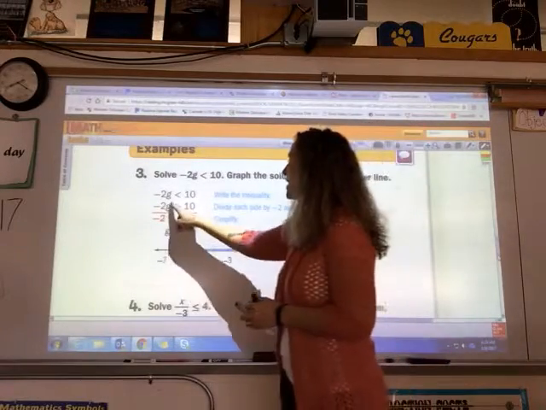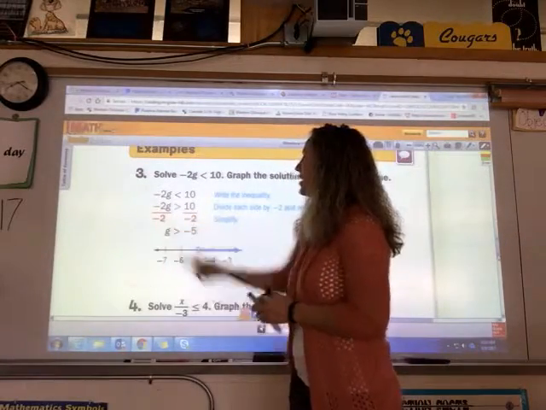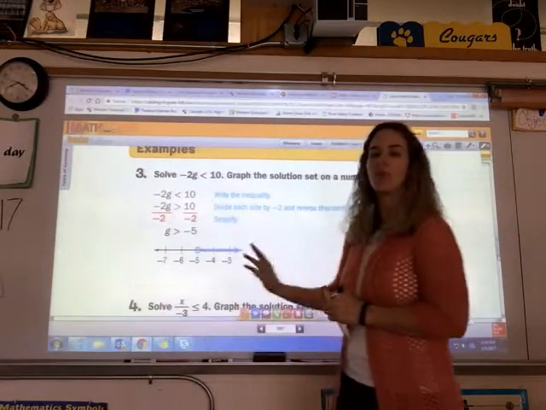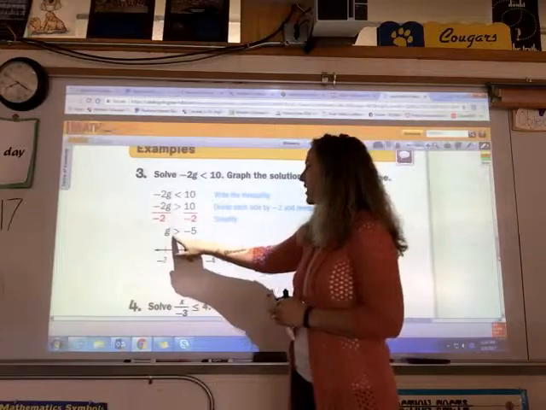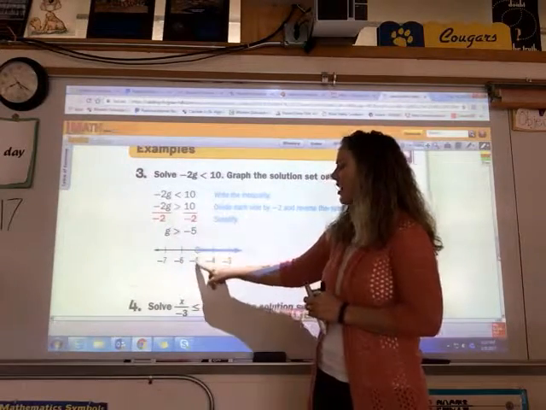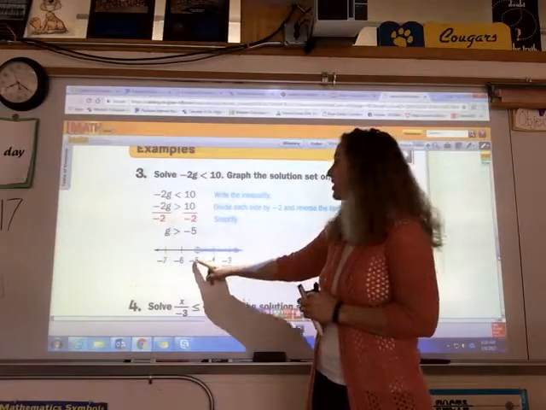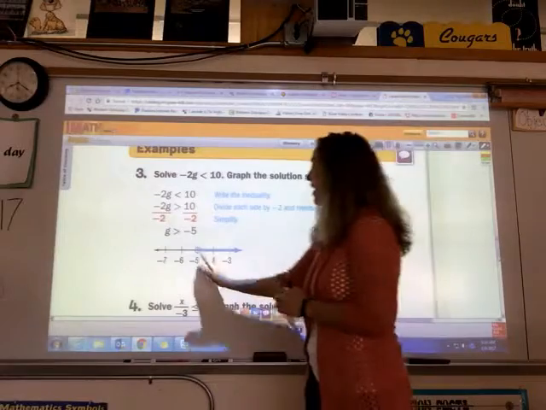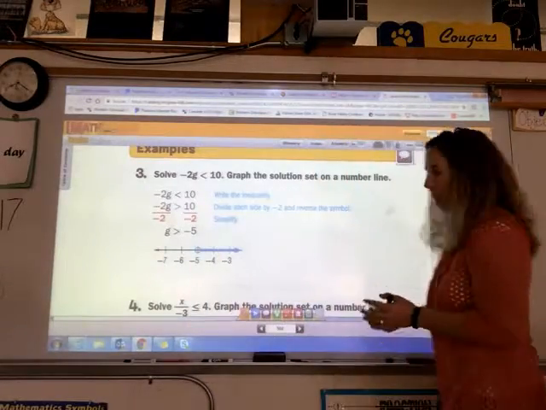You can see here they've divided by negative 2, and they've changed the symbol from less than to greater than. Then when you plot it, we're looking at g is greater than negative 5. So it's going to be an open circle on negative 5. It's not including it. And I'm looking at numbers that are greater. So what type of numbers are greater than negative 5? My numbers to the right would be greater.